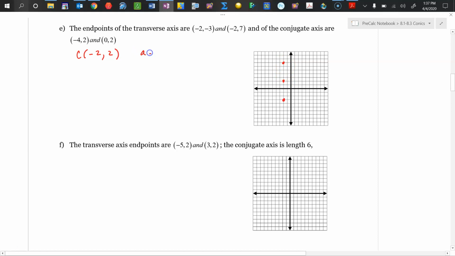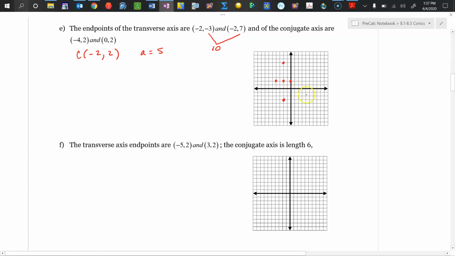So we know A is equal to 5, which you could figure out by finding the distance between the two y coordinates, which is 10, and dividing by 2. And the endpoints of the conjugate axis are -4, 2, which are going to be there, and 0, 2, which are going to be there.